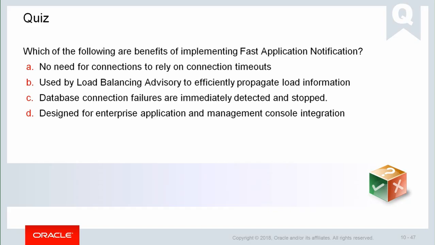C, designed for enterprise application and management console integration, makes sense. And D, database connection failures are immediately detected. No, actually, the failure detection is done by the clusterware component, CRS, and then the FAN message is a message delivery. So it's not done by the FAN mechanism. So the answer is A, B, and C.